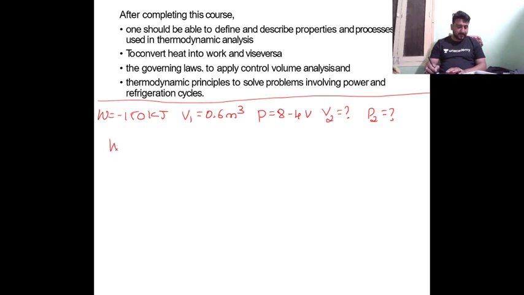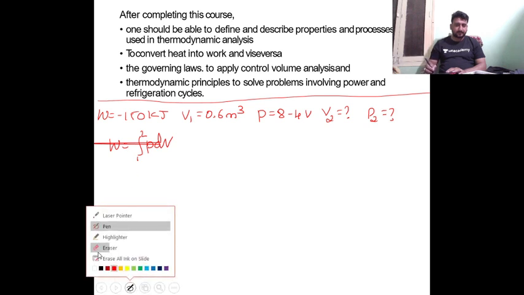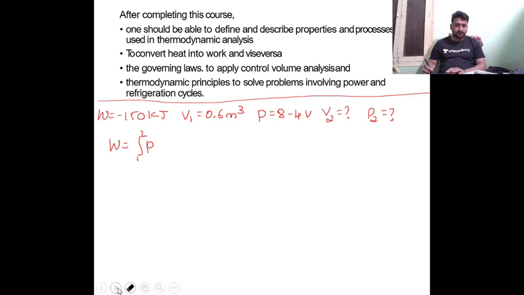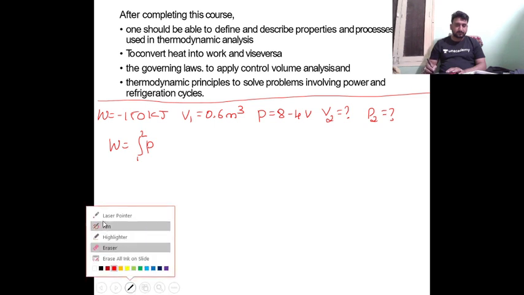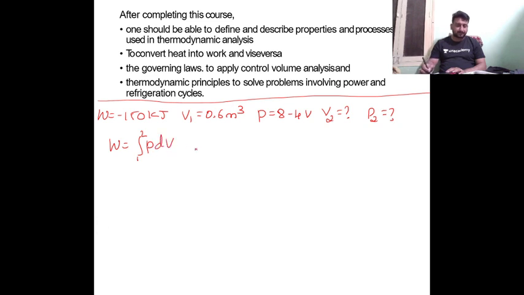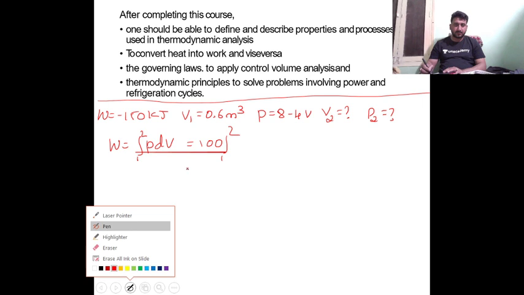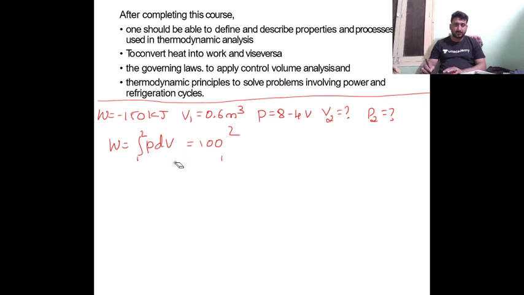So work done, W, is given by integral from 1 to 2 of P dV. So that is equal to 100 times integral from 1 to 2 of P, which is 8 minus 4V, into dV.